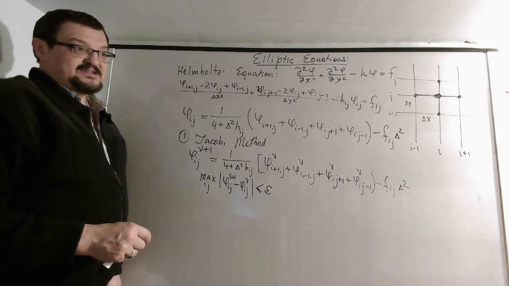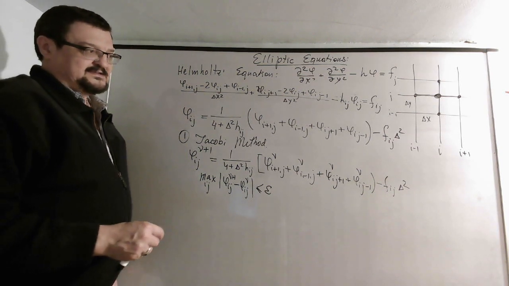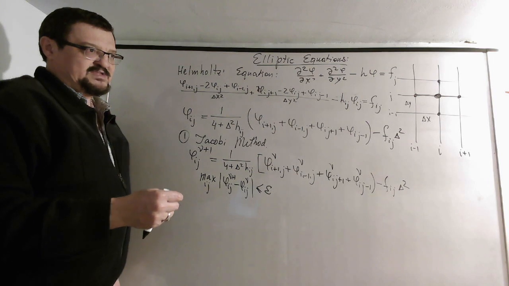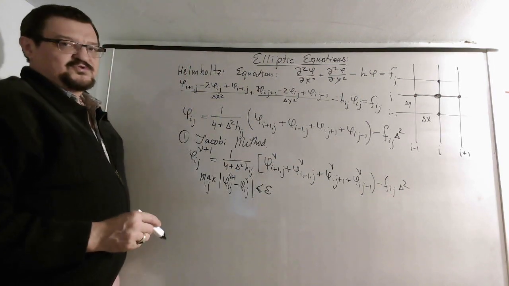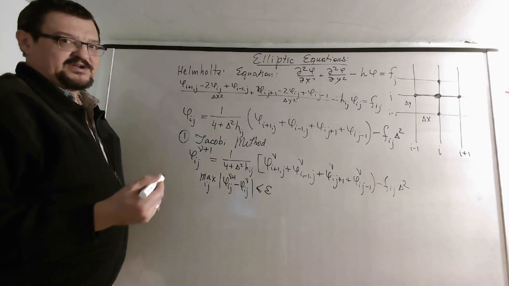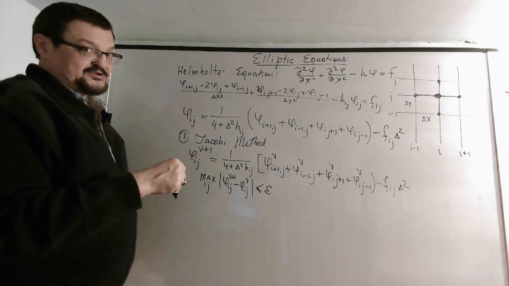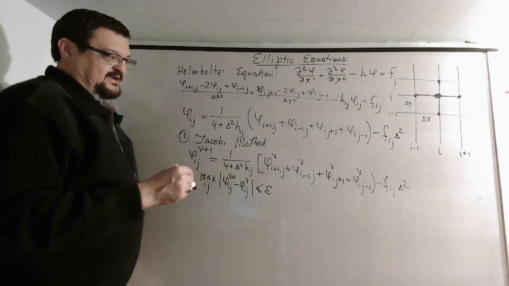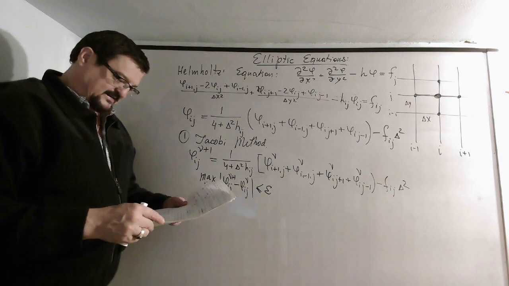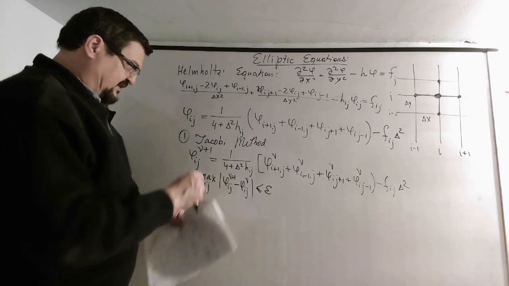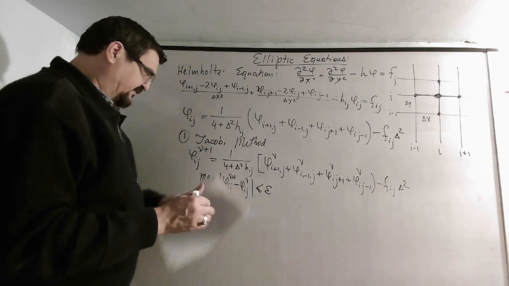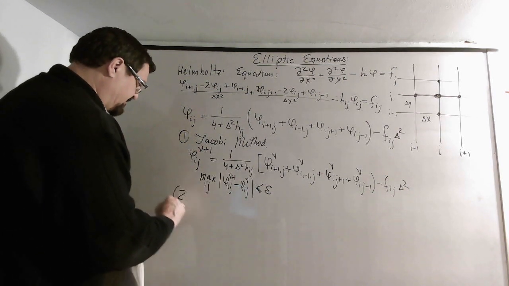And actually that's maybe a good thing, because instead of using just the old values, you would use values that are already closer to the truth, presumably. That's a very small modification to the Jacobi method, which is called the Gauss-Seidel method.